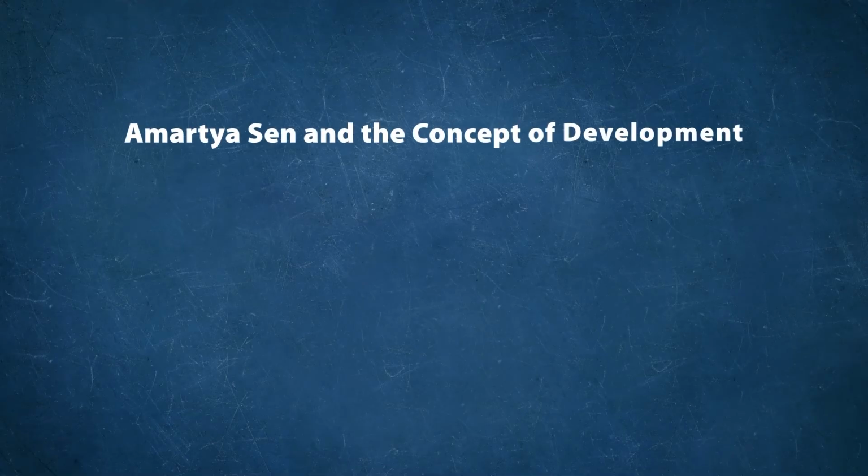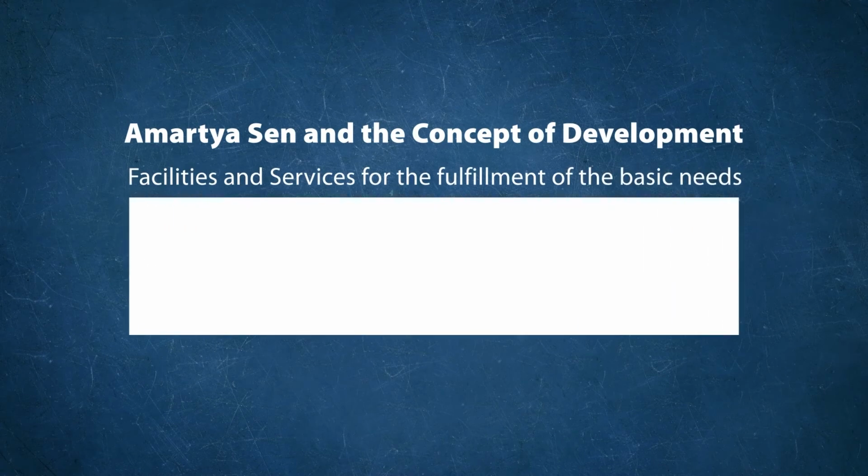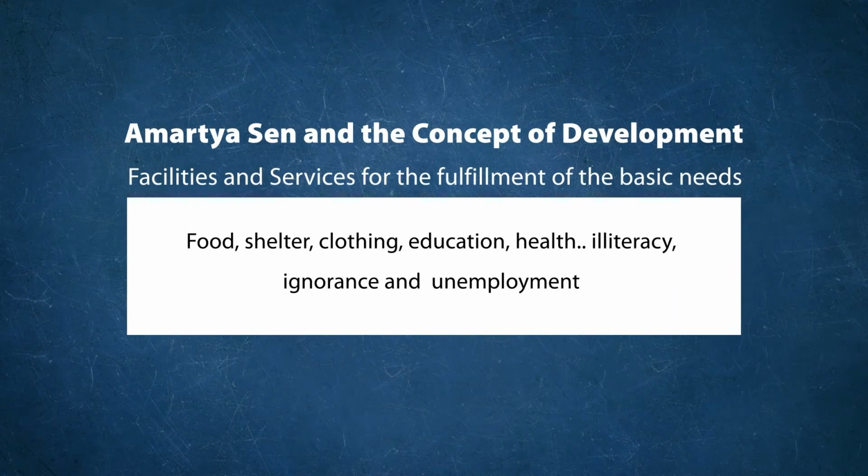Then straight away we can talk about the concept of development before starting the session. As we all know, the Nobel Prize winner Amartya Sen and the concept of development we can briefly discuss. The facilities and the services for the fulfillment of the basic needs, that is food, shelter, clothing, education, health, illiteracy, ignorance and unemployment.